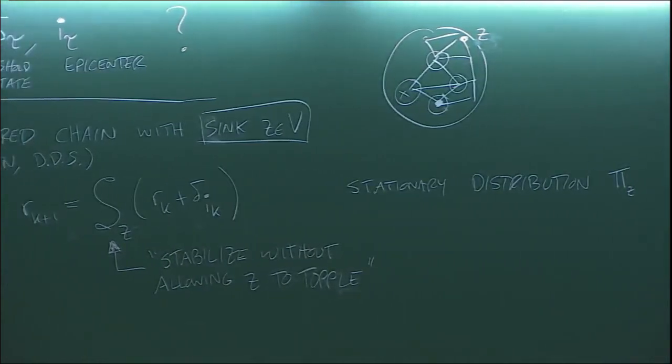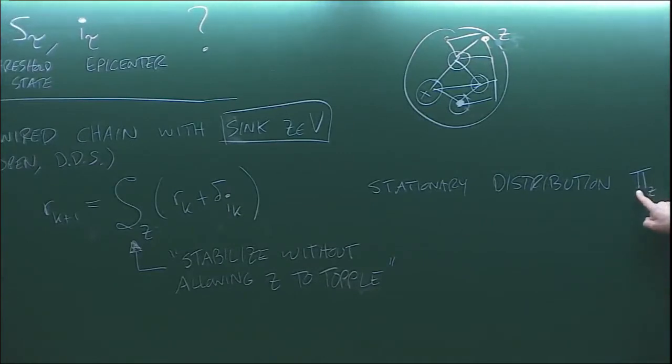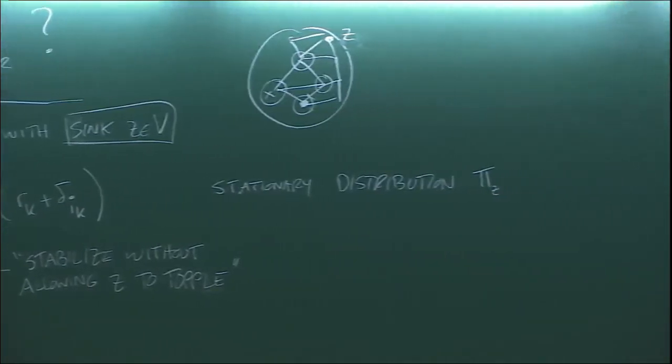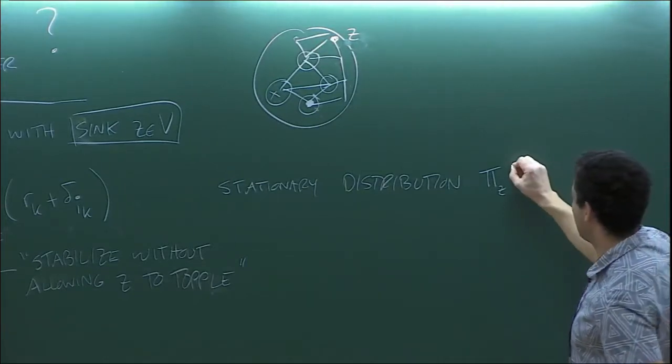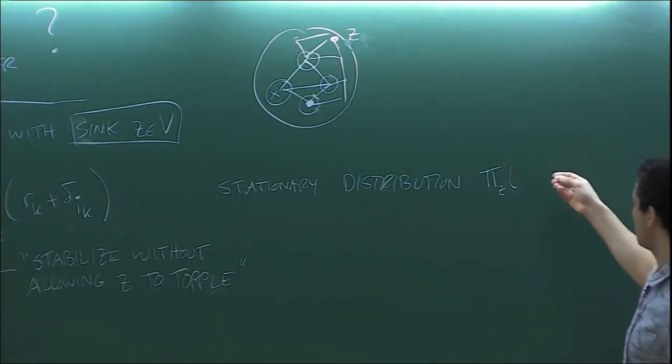And, well, it turns out we know a lot about this stationary distribution. So this is one of Dhar's theorems that's on that list. So I'll state the theorem now, and hopefully we'll get to the proof.